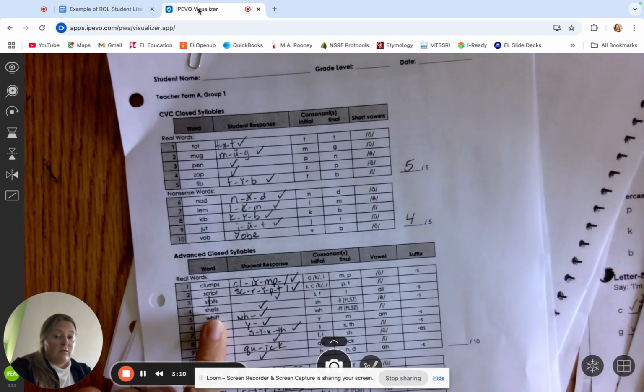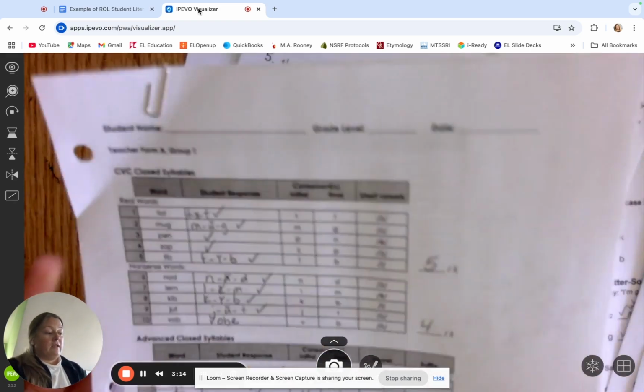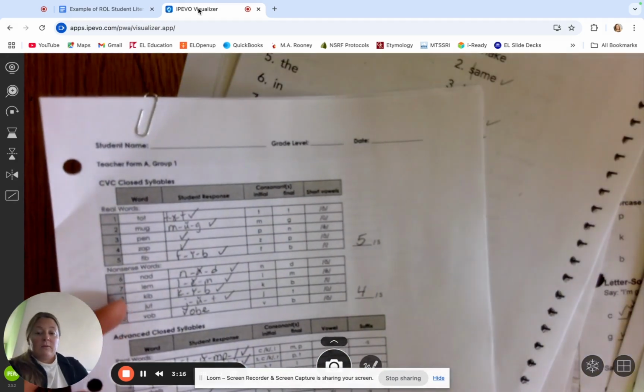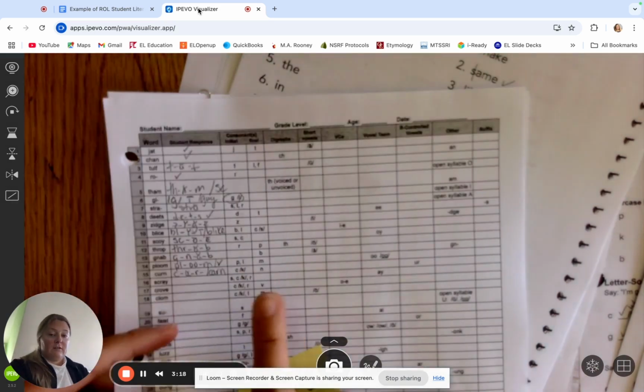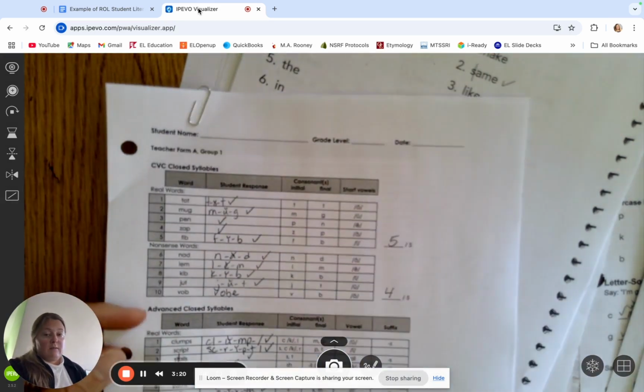There are some spelling rules in there, like the double L, the floss rule. These are all beginning concepts, so I pulled that one based on how the student did here.